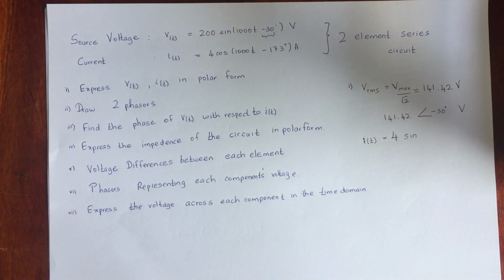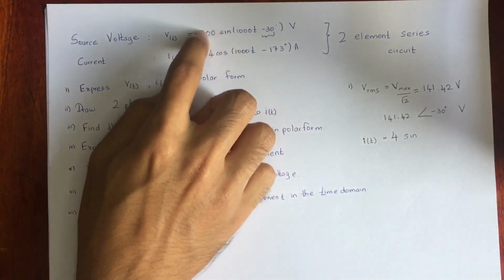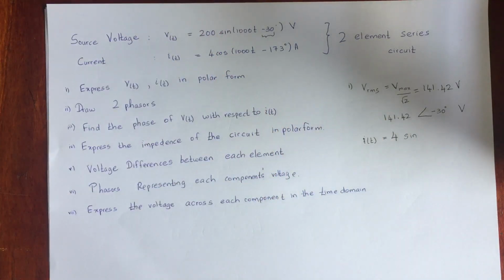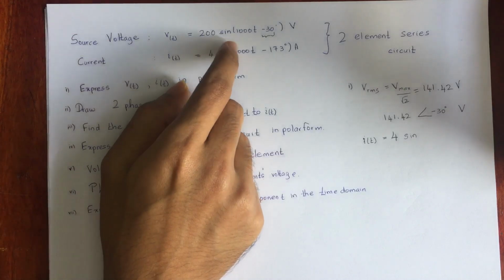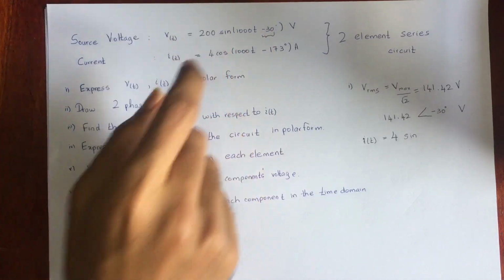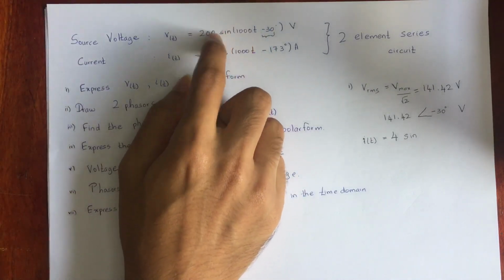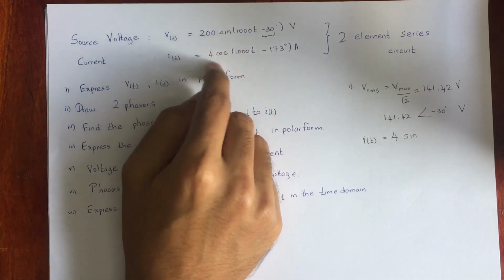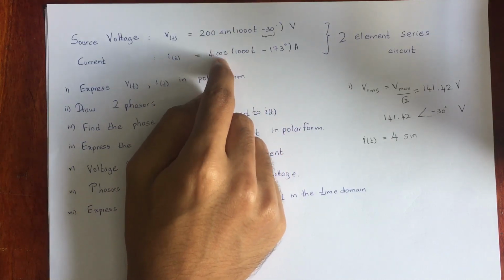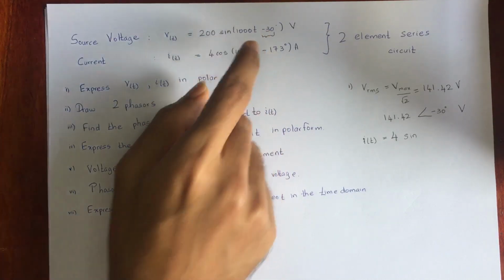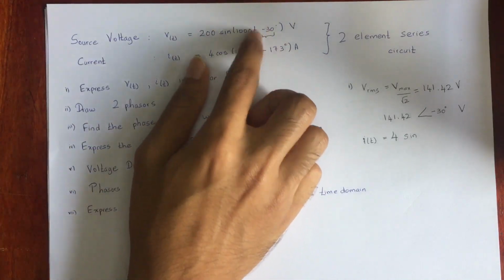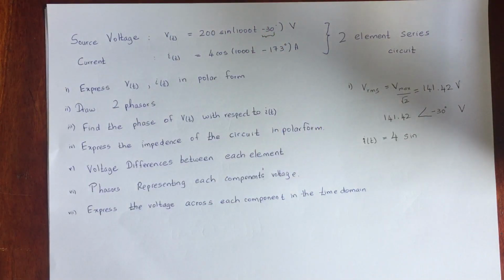The problem is that when we are considering these two from the same circuit, we need to check whether they are in the same trigonometric function. Let's say the voltage is in sine, then we need to change the current to sine to compare the phase angles in the same manner.